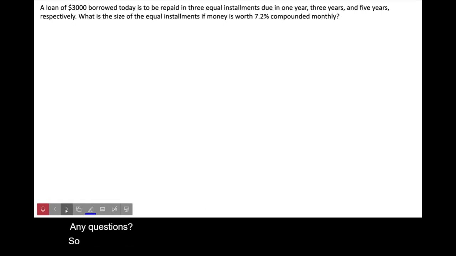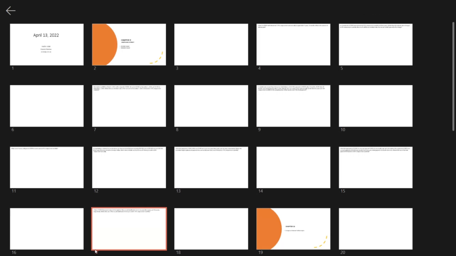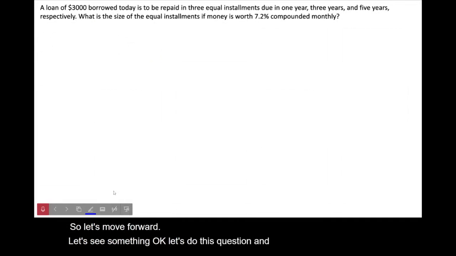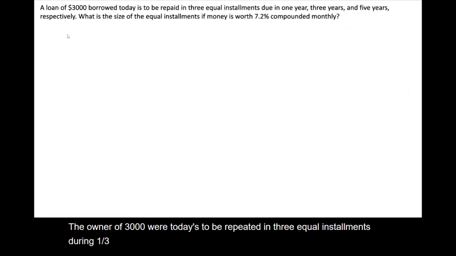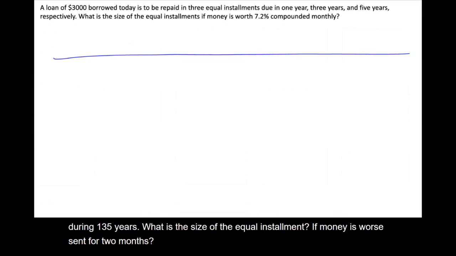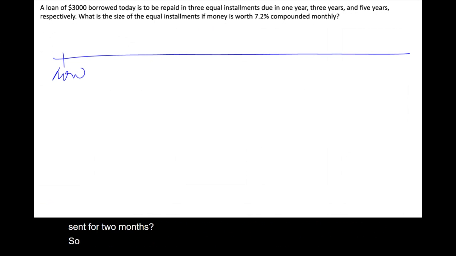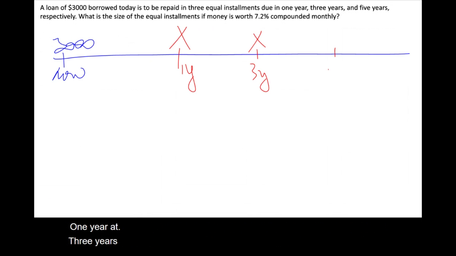Okay, so let's move forward. Let me see something. Okay, let's do this question and then we will have a break. A loan of $3,000 borrowed today is to be repaid in 3 equal installments due in 1, 3, 5 years. What is the size of the equal installment if money is 7.2% monthly? Okay, so now 3,000, and we have installments: 1 year x, 3 years x, 5 years x.